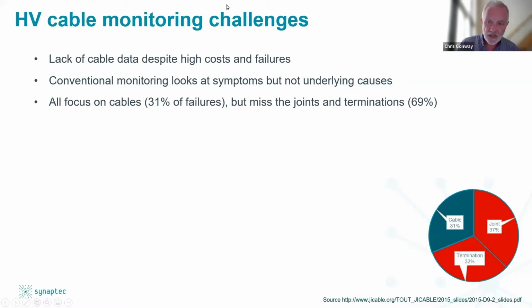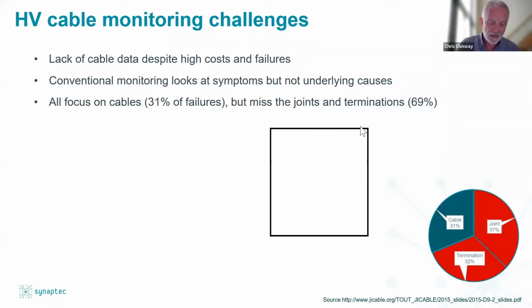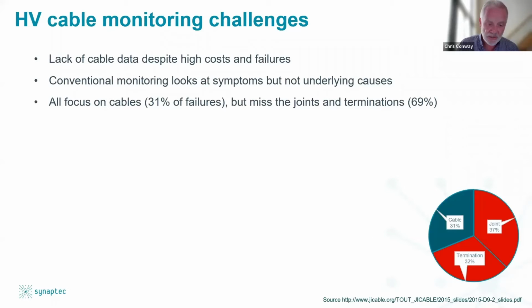But the general view is that there's a significant number of failures occurring, and that this particularly needs to be addressed. So conventional solutions focus on the cable itself and not on the terminations, where the majority of failures have been reported to date.